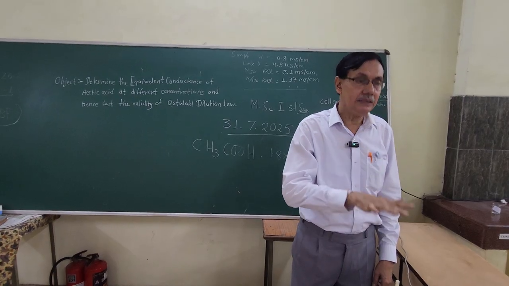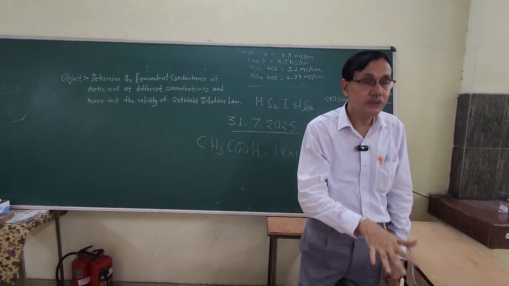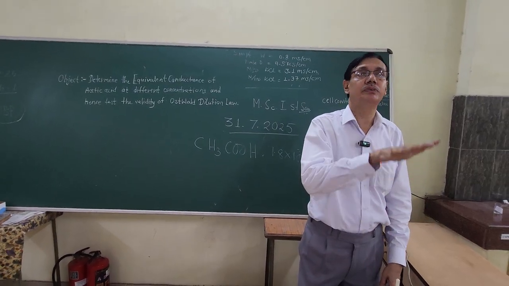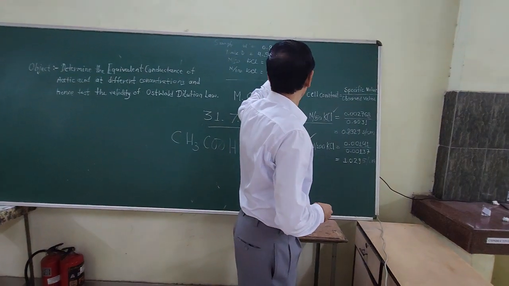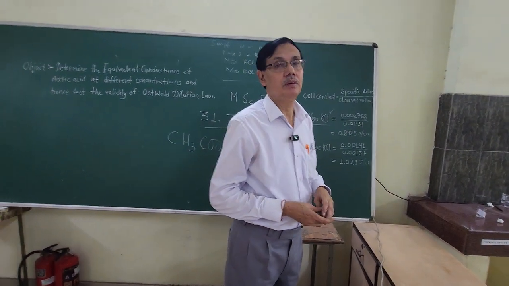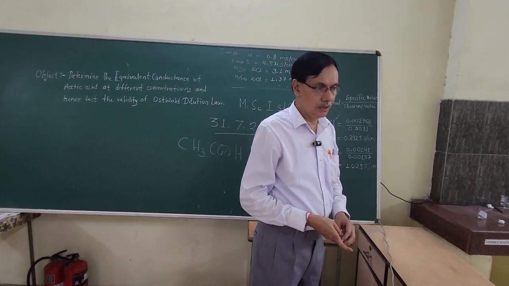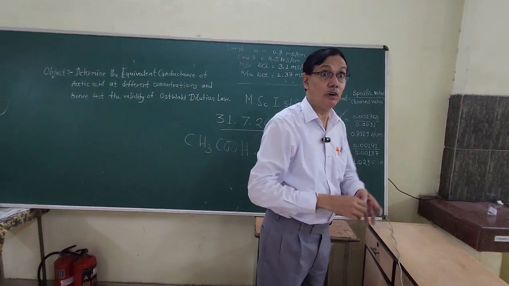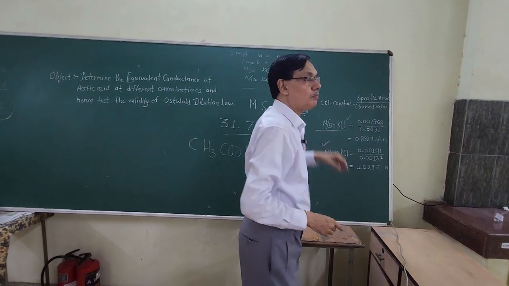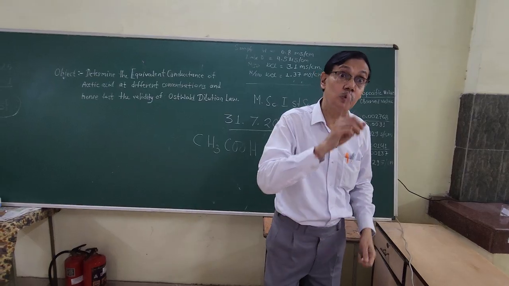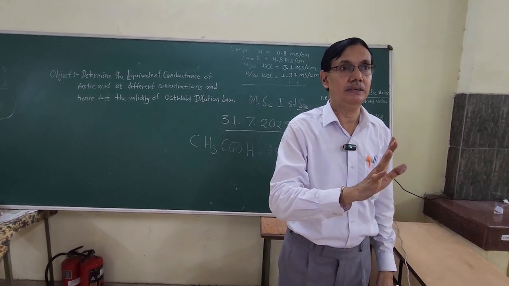Because the ideal condition is that the observed conductance of triple distilled water must be less than 1 microsiemens. Today you collected double distilled water from the research scholar lab. I am not very happy because you are getting around 4.5 microsiemens, but it should be less than 1 microsiemens.